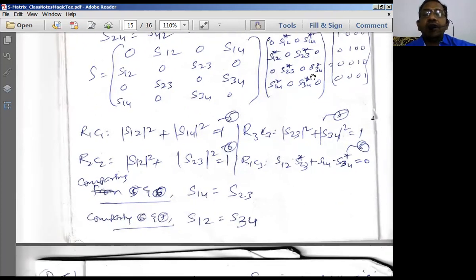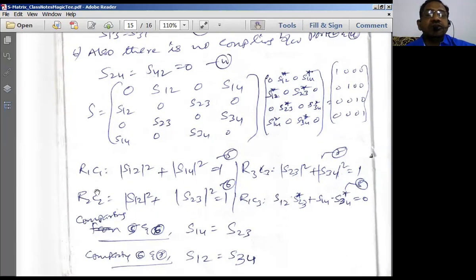Now, after we get into this, we simply have to solve the S matrix. So how do we solve this S matrix? Same as the previous one. Row 1, column 1, when you multiply, it will have 1. Similarly, this is row 2, column 2. This one is row 3, column 3. This last one is row 4, column 4.